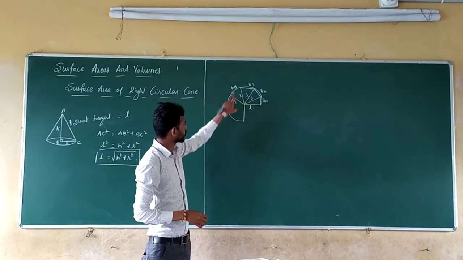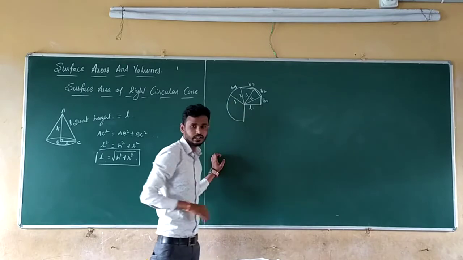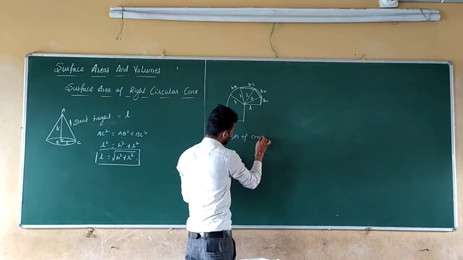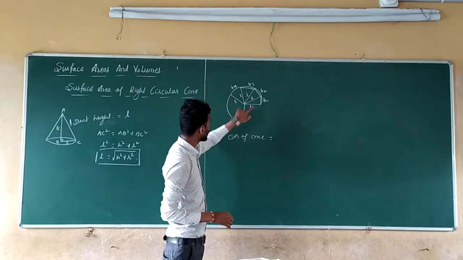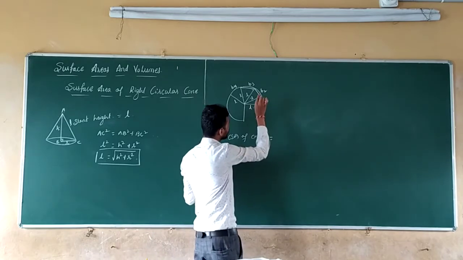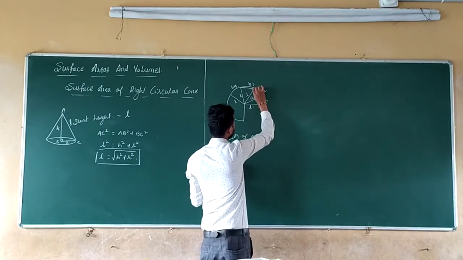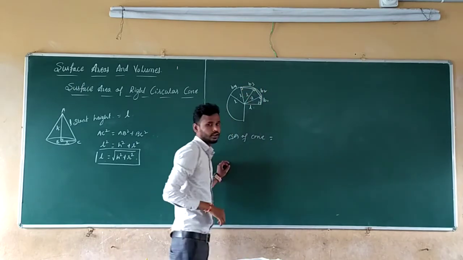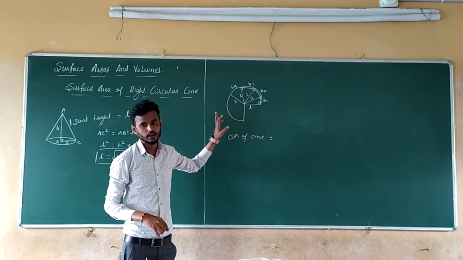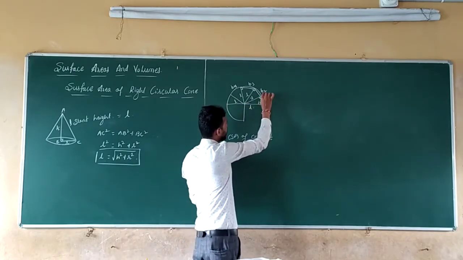Now the curved surface area of the cone will be the sum of the areas of all these triangles. Each of these angles will be 90 degrees, because you already studied the theorem that the angle in a semicircle is 90 degrees. So this is like a semicircle, and this is the angle in a semicircle.